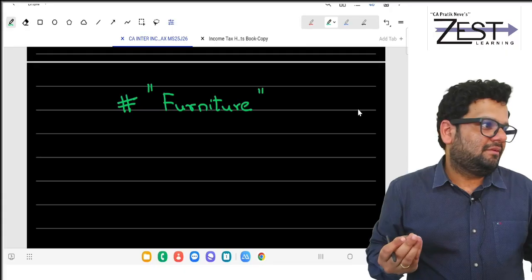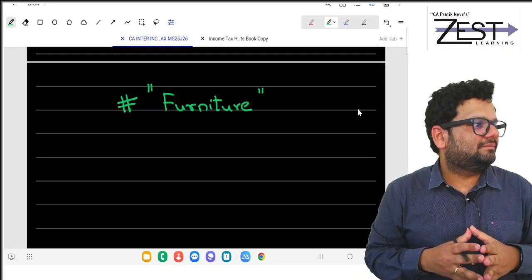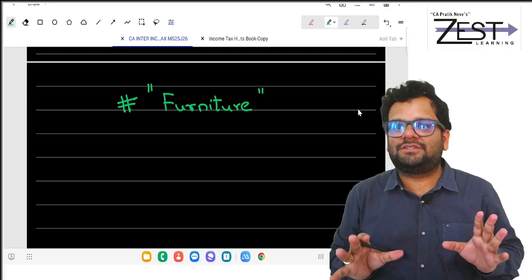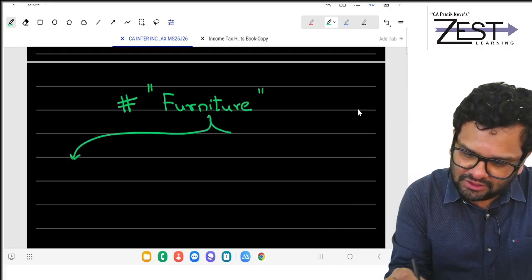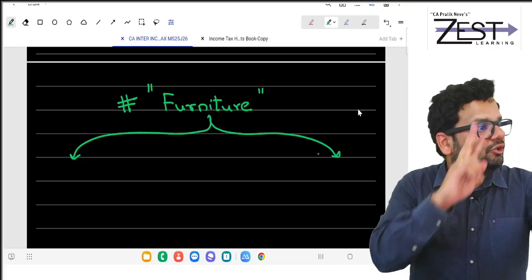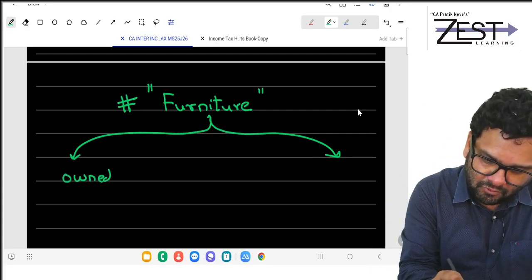Sofa. Bed. Washing machine. Whatever can be given in the house will be furniture. So furniture, there are two possibilities. Don't see whether you are government employee or non-government. Only two possibilities.